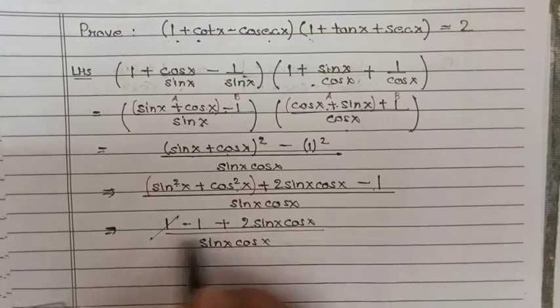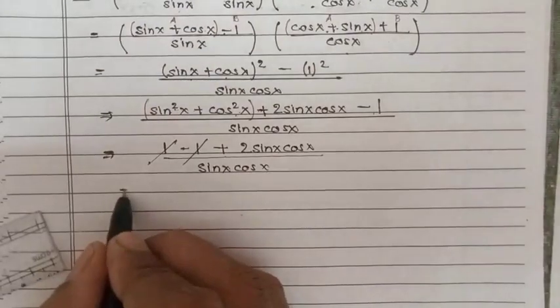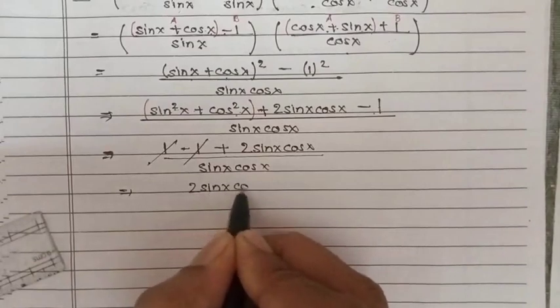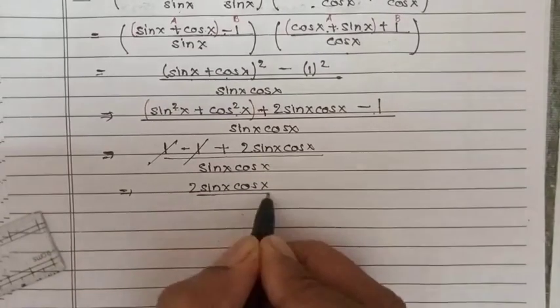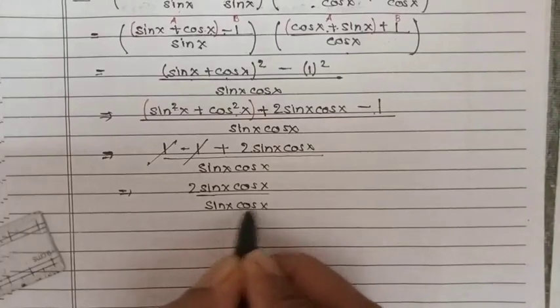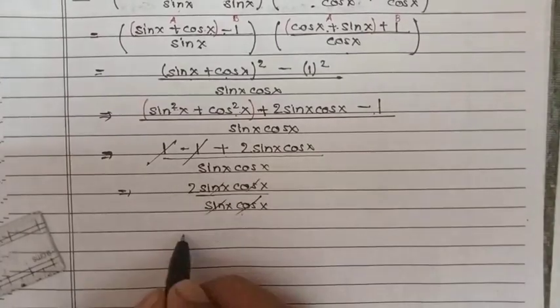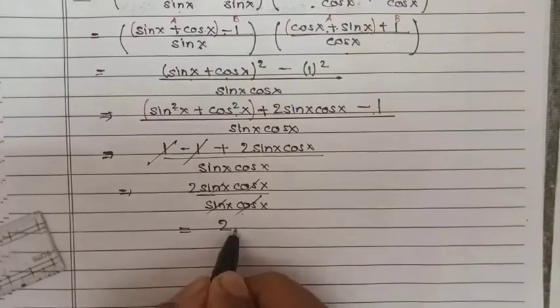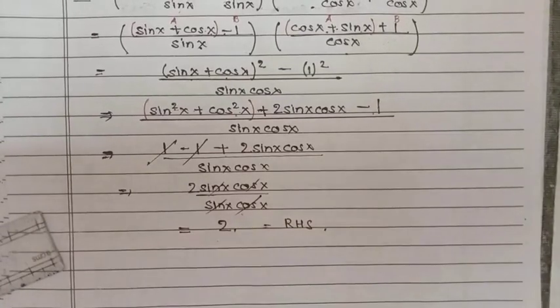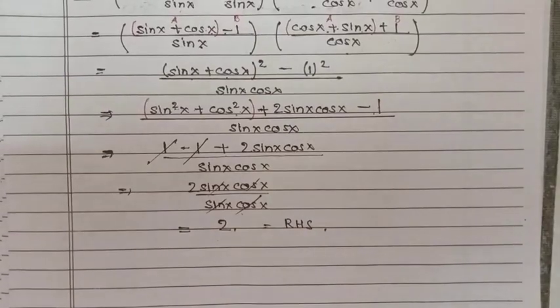So this plus 1 minus 1 will cancel out, so you are left with 2 sin x cos x upon sin x cos x. This will cancel out, so finally you are left with 2, that is equal to right hand side. Hope this is clear to you now.